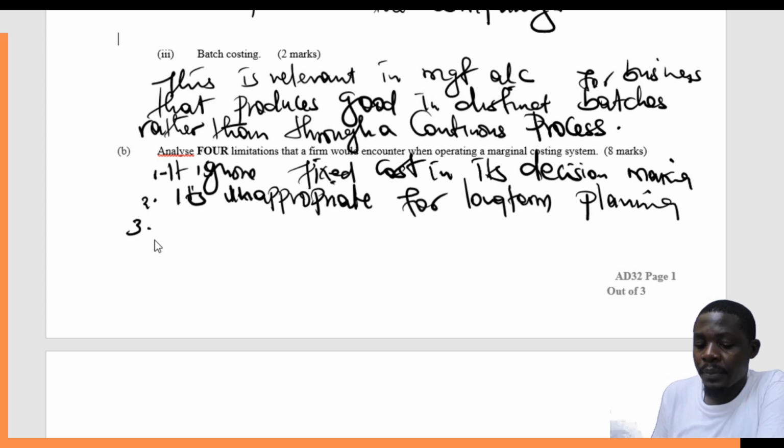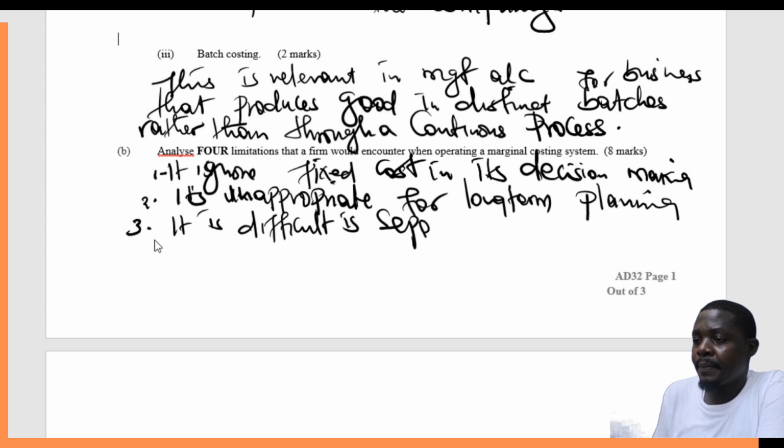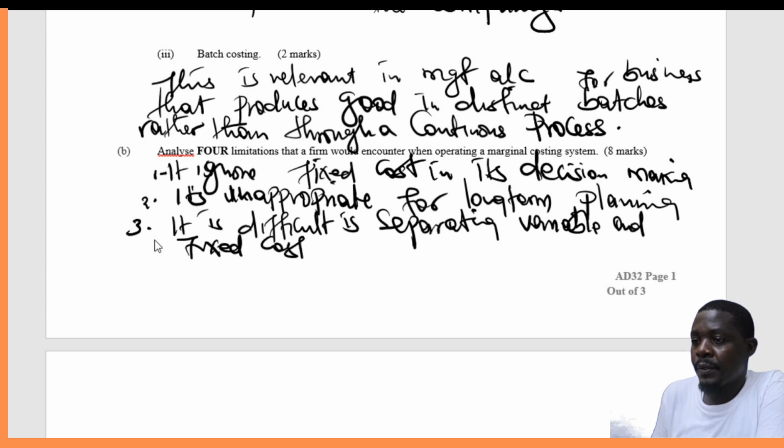Then three, it is difficult in separating variable and fixed cost.